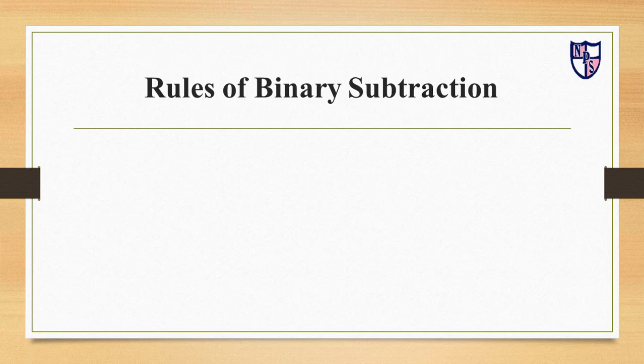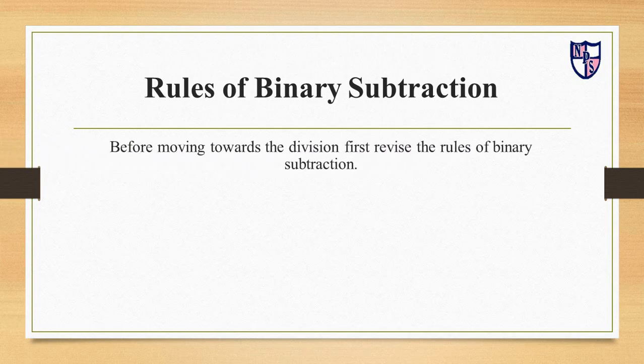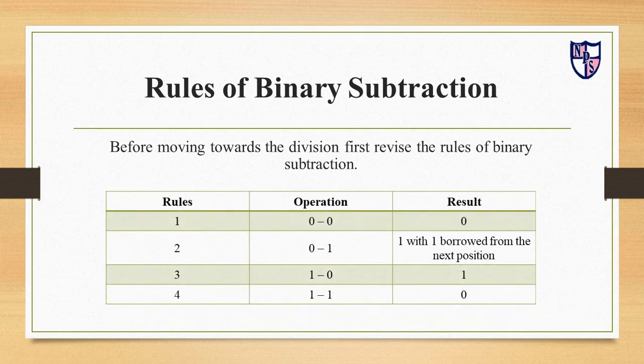So before moving towards the division, first we will discuss the rules of binary subtraction. So the rules of binary subtraction are: rule number 1, 0 minus 0 is equal to 0. Rule number 2, 0 minus 1 is equal to 1 with borrowed from the next position.